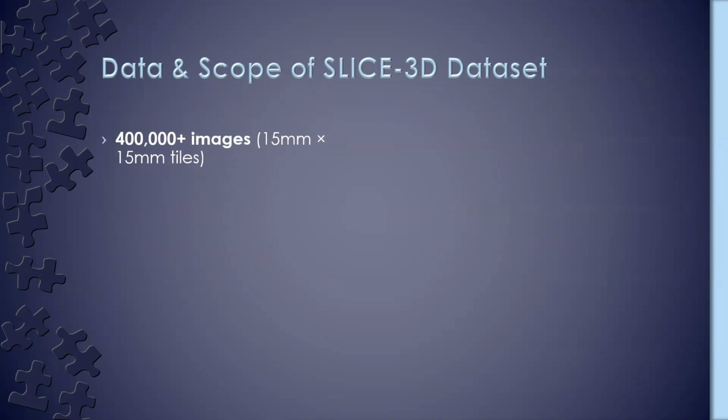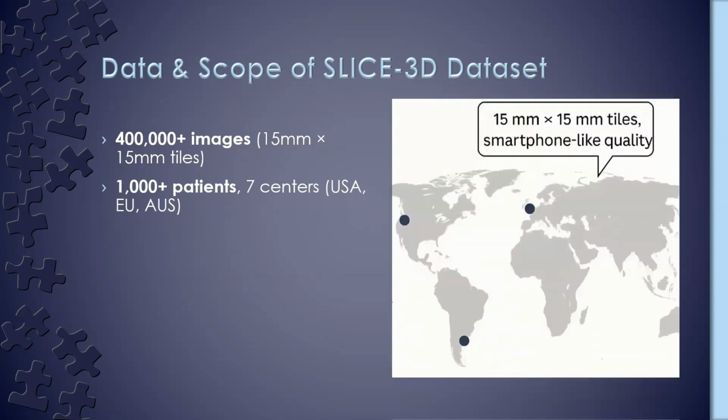The dataset contains more than 400K distinct lesion images extracted from 3D TBP scans. Each image is uniquely tiled and standardized to a 15 by 15 millimeter view. Data was collected from over 1K patients across 7 dermatology institutes on 3 continents, including USA, EU, and Australia.